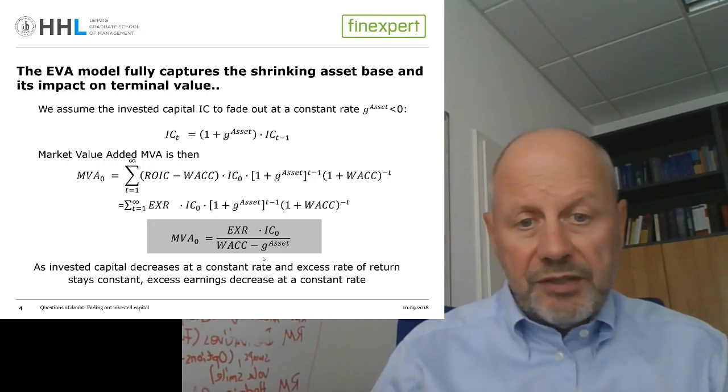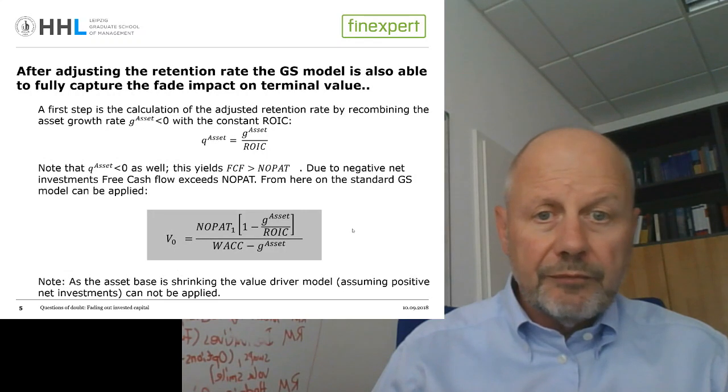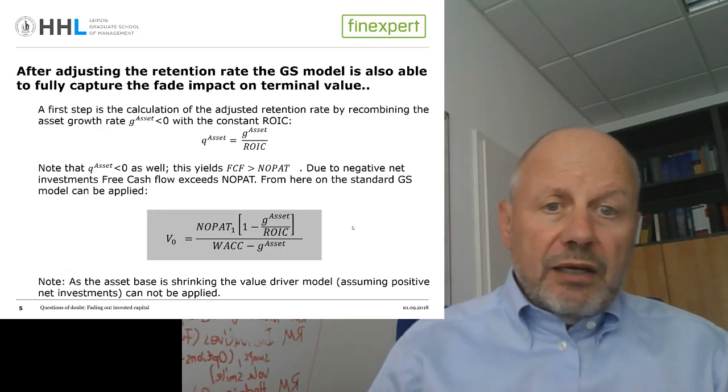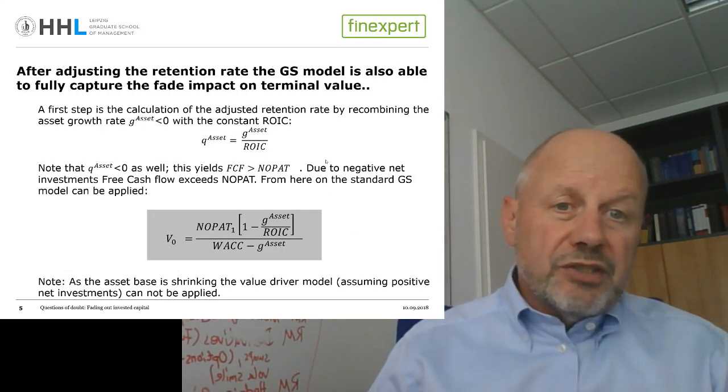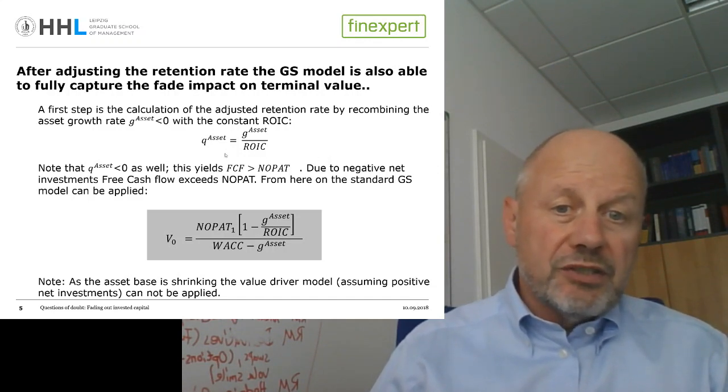So now let's look at the second model. The second model is our Gordon-Shapiro model, and the idea is that we first adjust the Gordon-Shapiro model by calculating our adjusted retention rate.